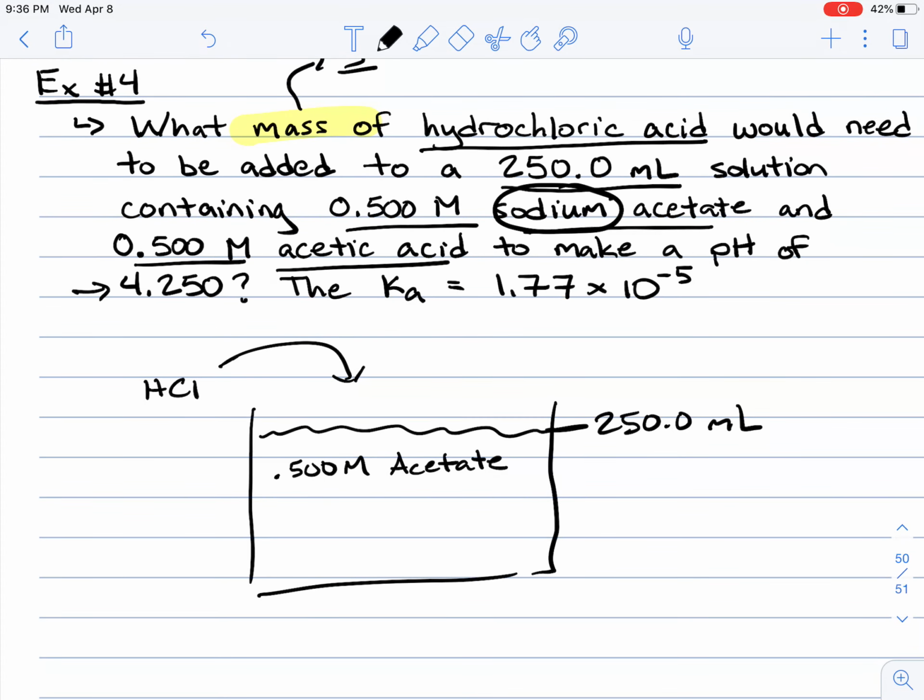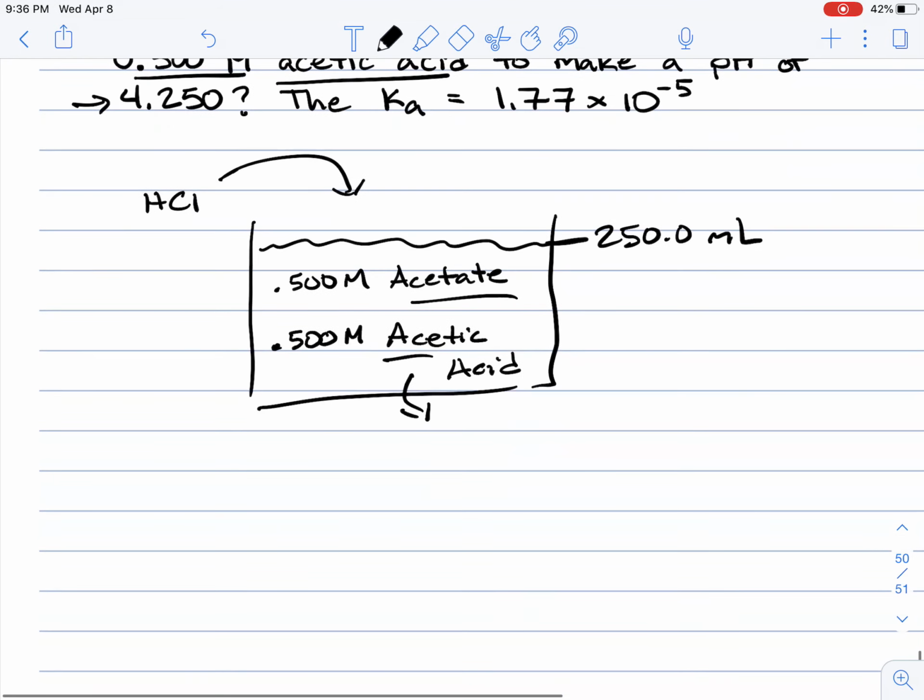And if you read the problem further, we also have another substance inside this solution, which is going to be acetic acid. Looking at the components inside this solution, we have acetate and acetic acid, and therefore this solution is already going to be a buffer.